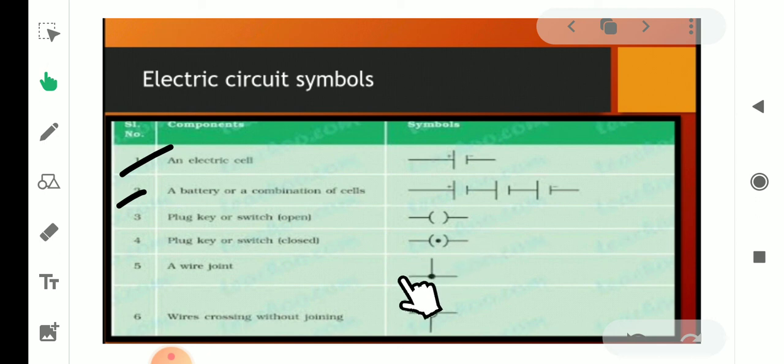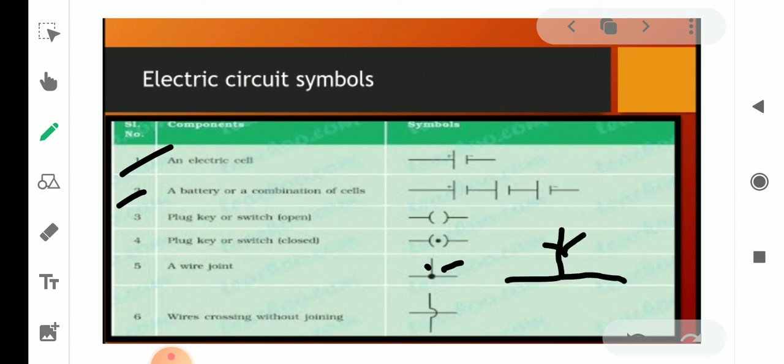Okay, the next, fifth electric component we are going to study is the wire joint. You can see here the wire connection where this vertical wire is joined to this horizontal wire. In this case, the current which is flowing flows in both directions.